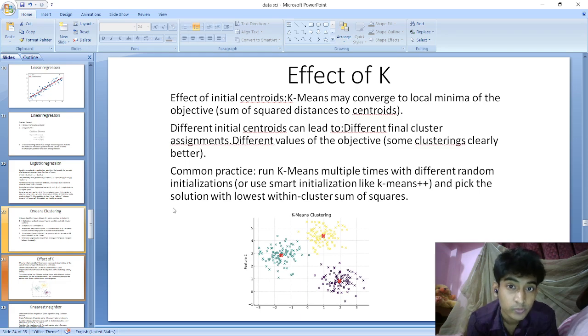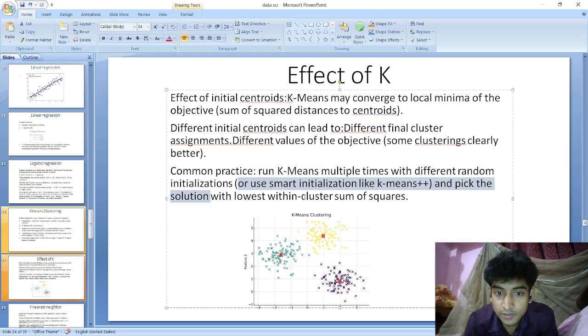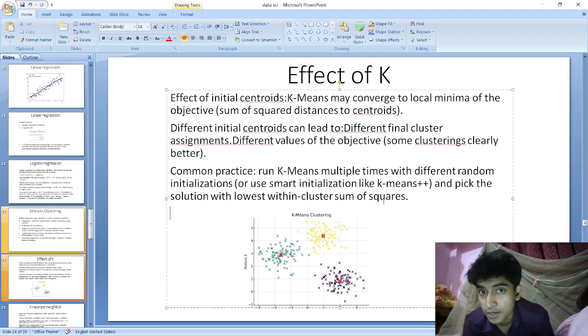So what is our best practice? We try to randomly select our initial centroids with a random initialization, right? And pick the solution with the lowest within-cluster sum of squares. For example, we have two values at 1, 2, and we have two values at 19, 20. Now we take one value of the cluster as 1 and we take the second value as 19 because their difference is very high.